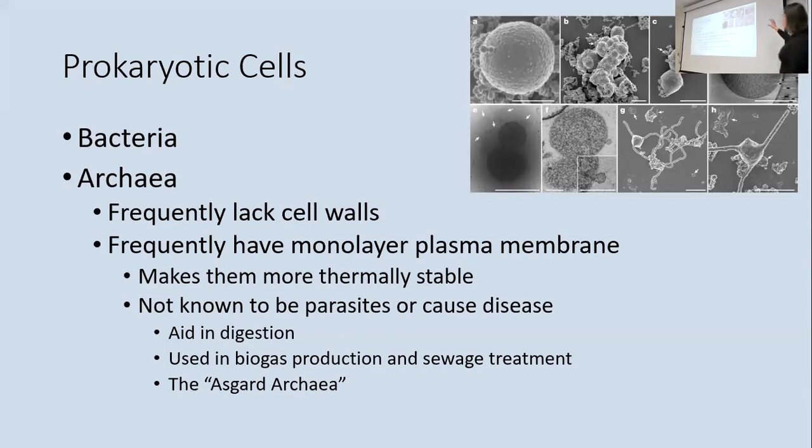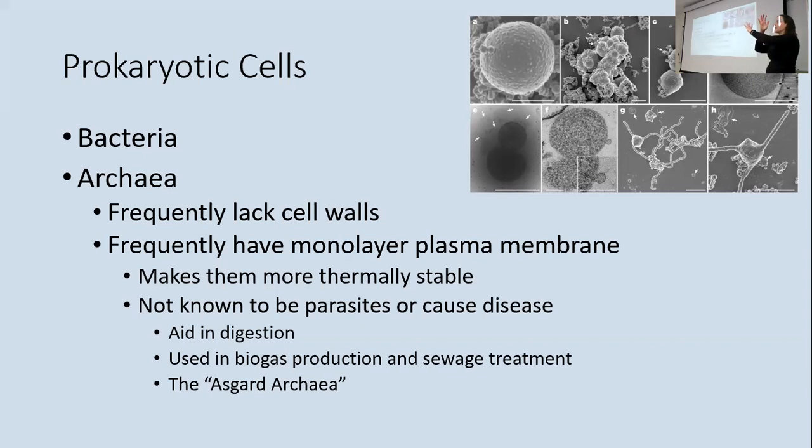There's a new, and that's actually technically what these are supposed to be pictures of, Asgard archaea, discovered a few years ago. They're interesting because when scientists started looking at their DNA, it kind of drew the relationships of all of this: bacteria, archaea, and then eukarya.